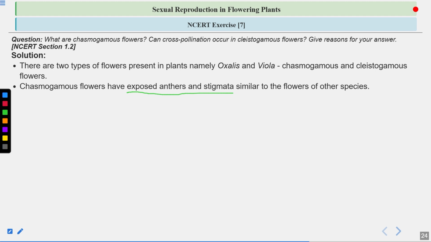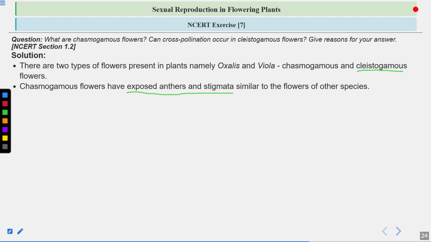Now we have another type of flower called the cleistogamous flower. The flower that does not open is present in bud form only. So chasmogamous flowers are present on the shoot, and they open and expose anthers and stigma. Cleistogamous flowers are present at the root system, right? And they are in the form of buds.